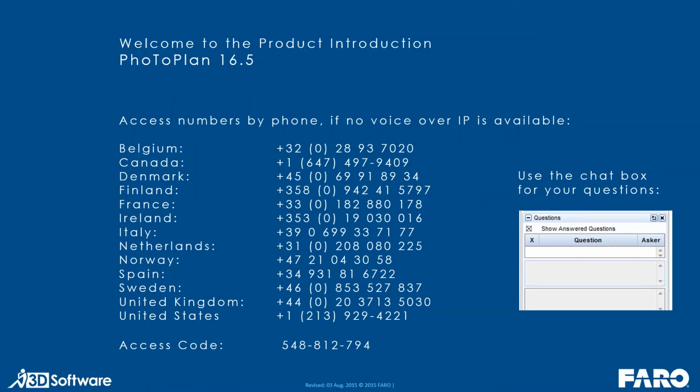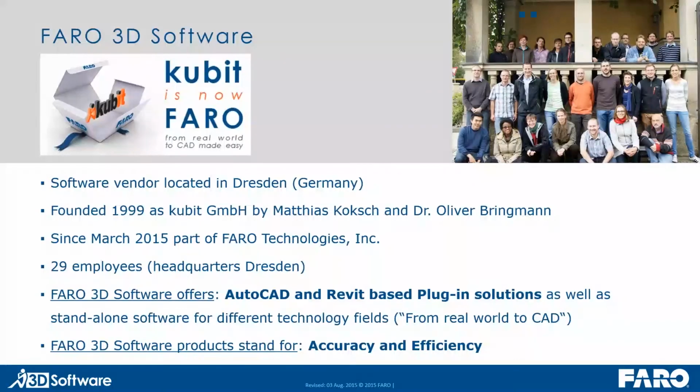Before I introduce the software Photoplan to you, let me just introduce our company. Photoplan has been developed by FARO 3D software. We are a software vendor located in Dresden, Germany. The company was founded in 1999 as Qubit GmbH, and since March this year, we are part of the FARO Technologies company.